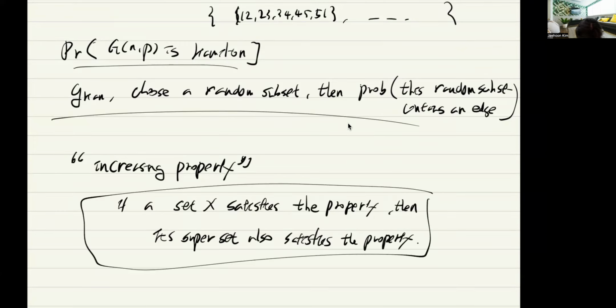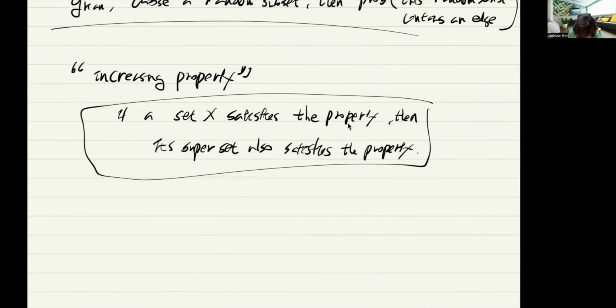So in short, it's about whether it contains something or not. If it contains something, it satisfies the property. That means if you add more vertices, it still contains it, so it still satisfies the property. So any superset will satisfy.